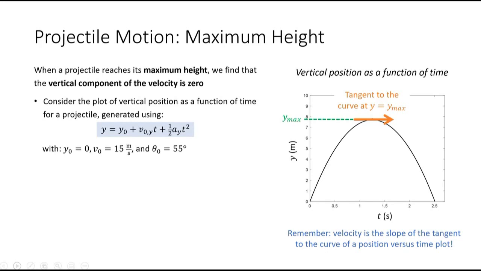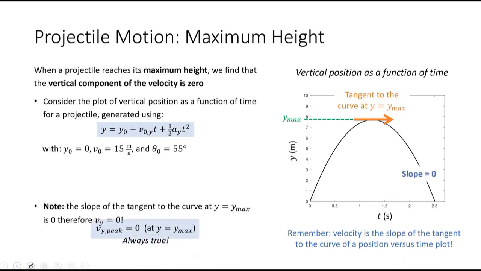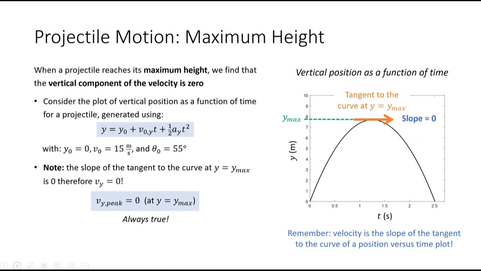And that's always going to be the case right at the peak of the projectile's path. For a horizontal line, we know that slope is 0. So in other words, we always get the case that the vertical component of the velocity right at the peak is equal to 0.